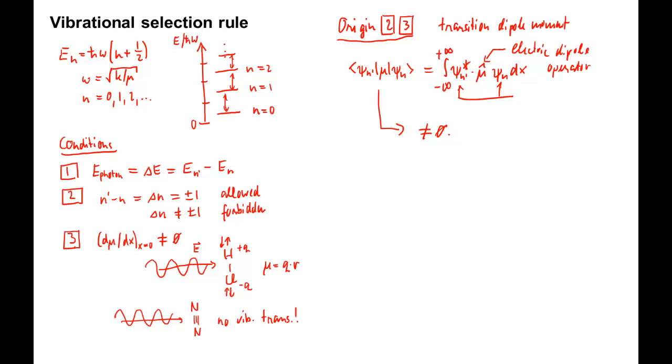Now, the dipole moment of a diatomic molecule, mu, is clearly a function of displacement. If you stretch it, the dipole moment grows. We can expand it in a Taylor series around 0, and we get mu of x equals mu of 0 plus d mu dx at position 0 times x plus 1/2 times d squared mu dx squared at x equals 0 times x squared plus higher order terms.